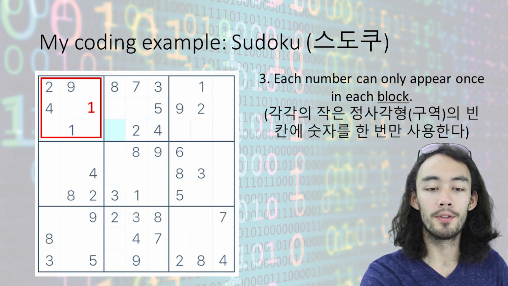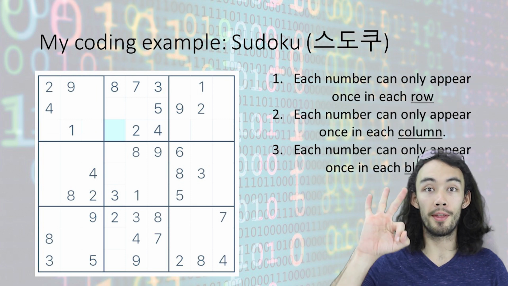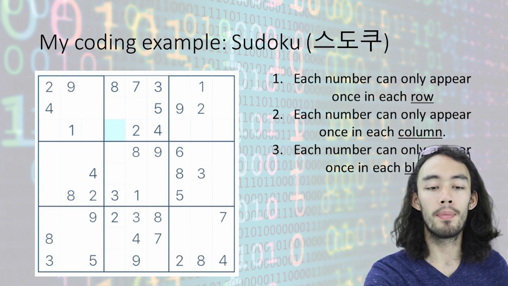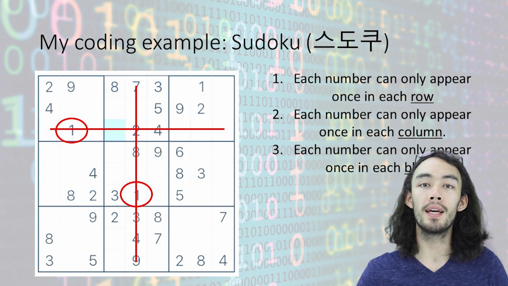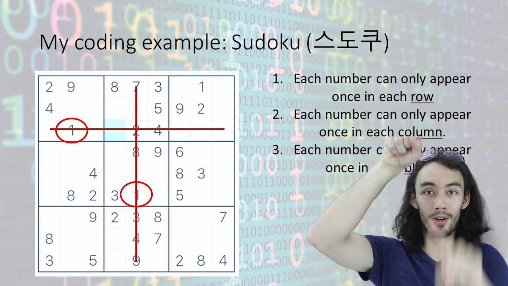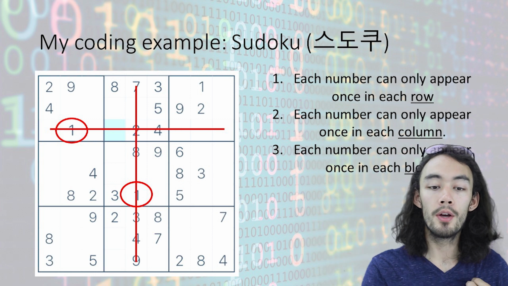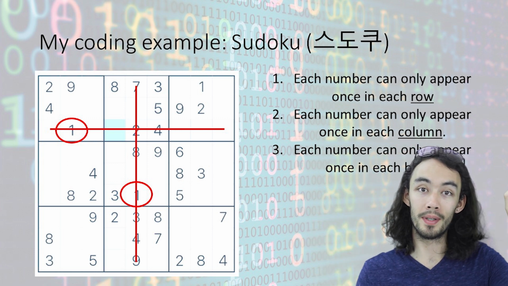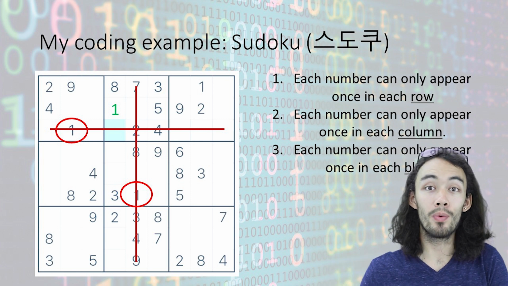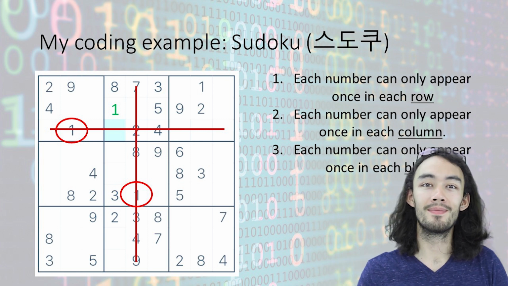Okay, so finally, here are the 3 rules. So in that block, you can see a 1 can't go along here and a 1 can't go along there, so that leaves 1 block open to put the 1, and so now we can put the 1 there.